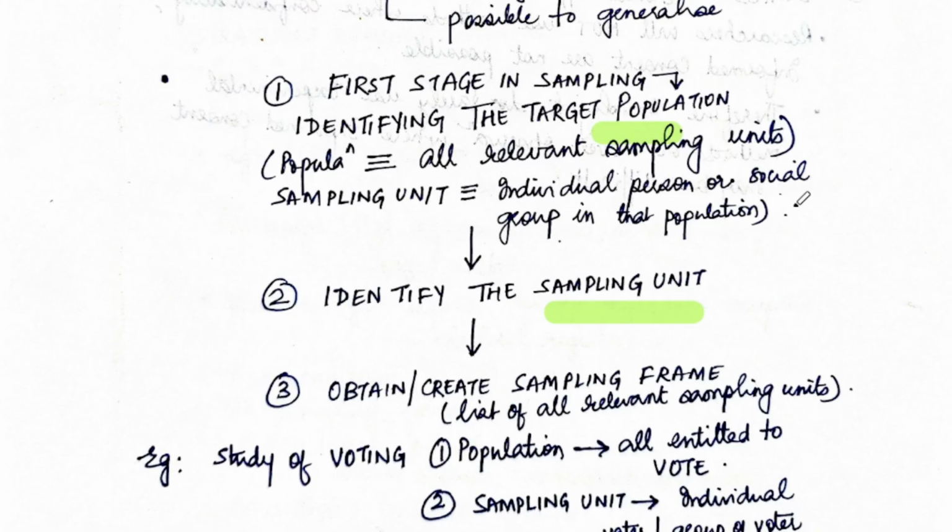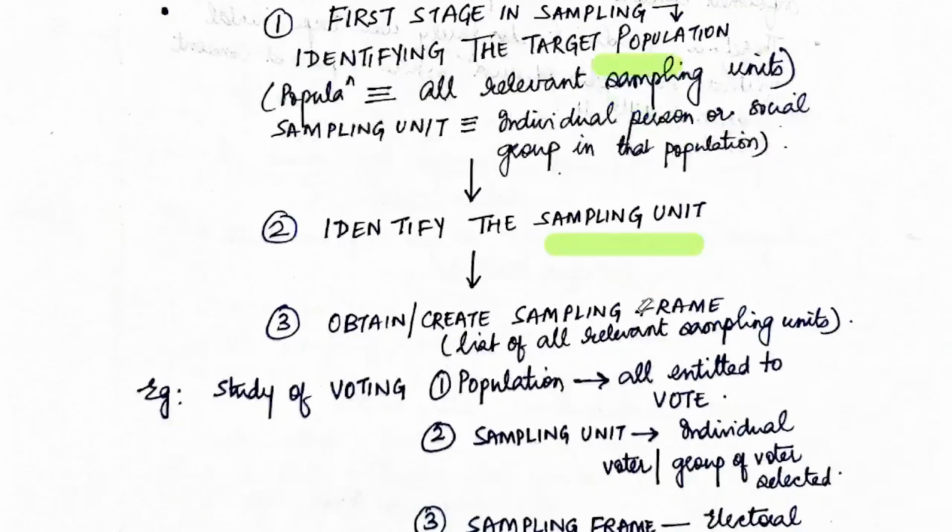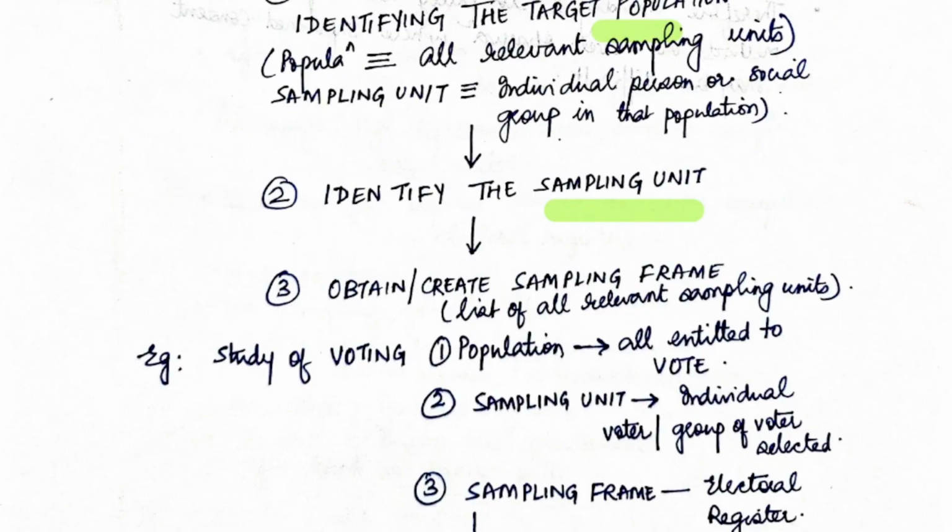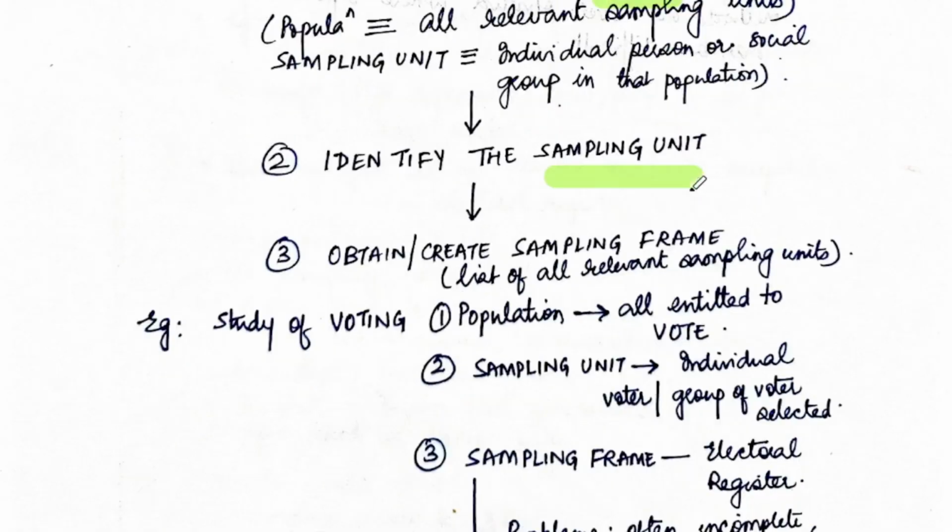It could be a person, a household, a classroom, a firm, or a village. And after we have identified the target population and the sampling unit, we need to obtain, from a secondary source, or sometimes create, that is a primary source, a sampling frame.